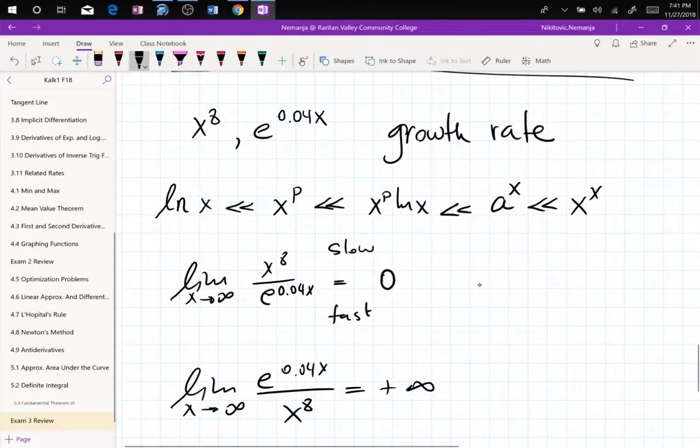But e to the 0.04x would never change, no matter how many derivatives you take. But look at the bottom. The bottom is going to go x to the 7, then x to the 6, x to the 5, x to the 4, x to the 3, x to the 2, x to the 1, and then a constant. When it hits the constant, you can't apply L'Hopital's rule anymore. So now what do you have? You have infinity on top divided by some constant on the bottom. What's the answer? Has to be infinity, right?